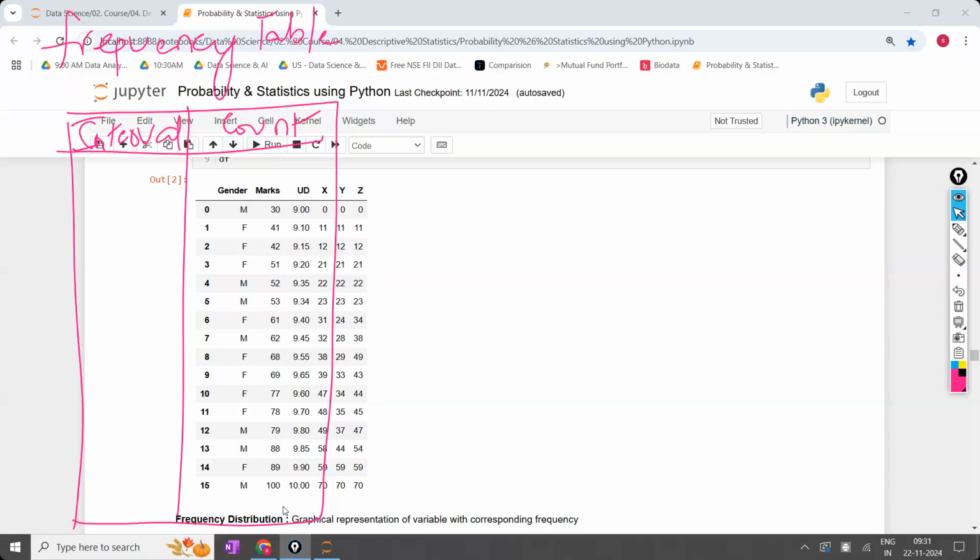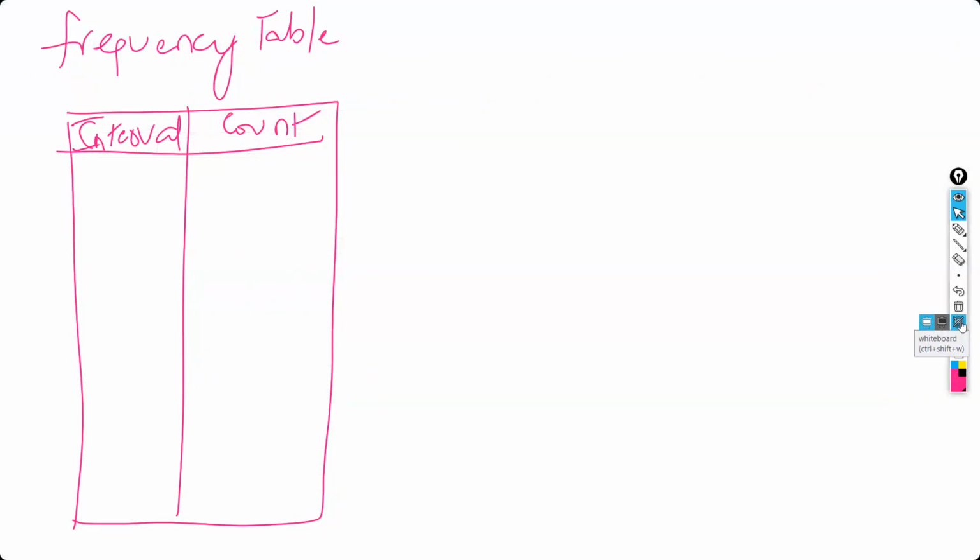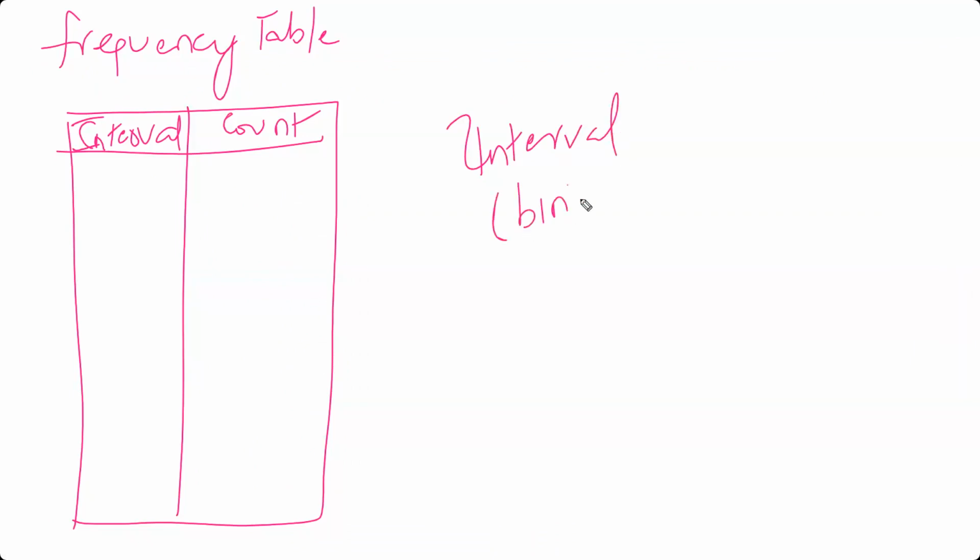Now, sir, how are you going to select the interval? Interval size. The interval size is also called bin size in the continuous variable. Size means size only. How to calculate this bin size?